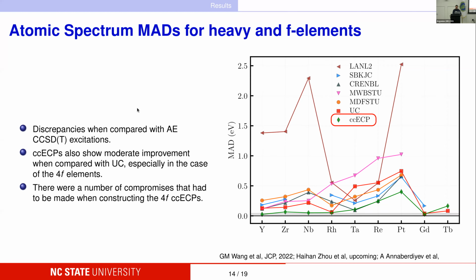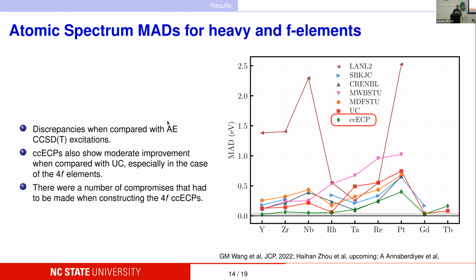And you can see that our CCECP pretty much undercuts everything else and lies well below it, with a couple exceptions here and there. I will say that the F elements were incredibly difficult to develop, and in most cases took multiple months compared to some of the more conventional potentials that we have done.